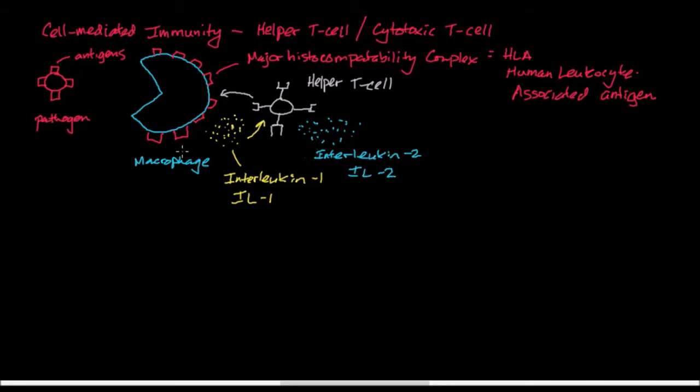And interleukin 2 attracts other types of lymphocytes. And since we're talking about cell-mediated immunity, the lymphocyte that interleukin 2 is going to attract is a lymphocyte called a cytotoxic T cell.